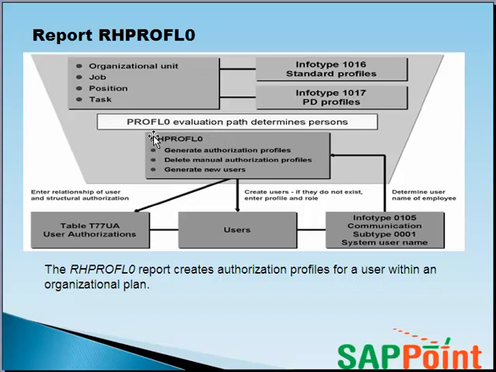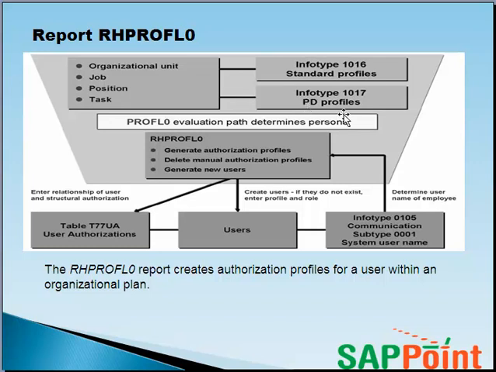Now, whatever persons this evaluation path captures, using these persons as a basis, the system reads up to the next higher organization unit all the related objects for a given key date that are valid at that point of time and have the info types 1016 or 1017 appended.